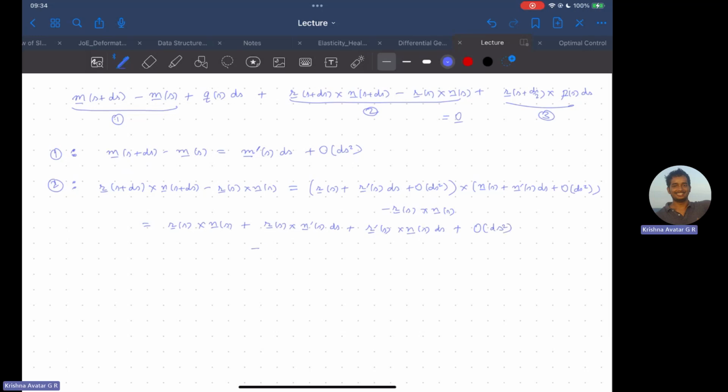Then minus r vector of S cross n vector of S, and this term cancels out. So we are left with r vector of S prime.